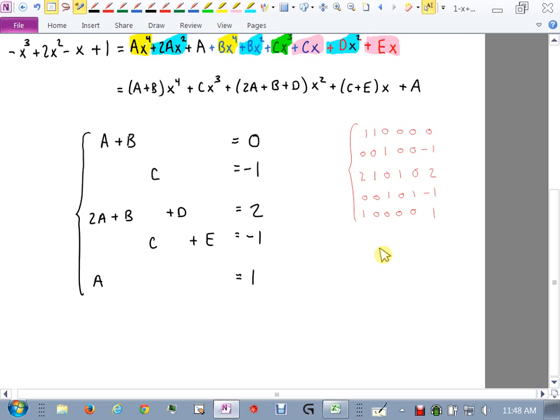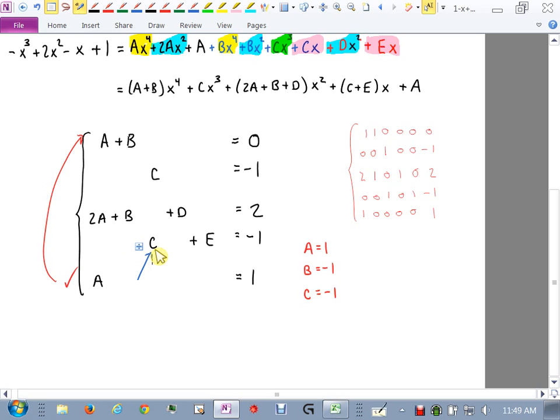All right, let's try and negotiate this here. I know right off the bat a is 1, okay, from that. And then if I go up and use that right here, if a is 1, then b is what? -1. Oh, I know what c is. c is -1. I think the next easiest one to get is probably this one, right?